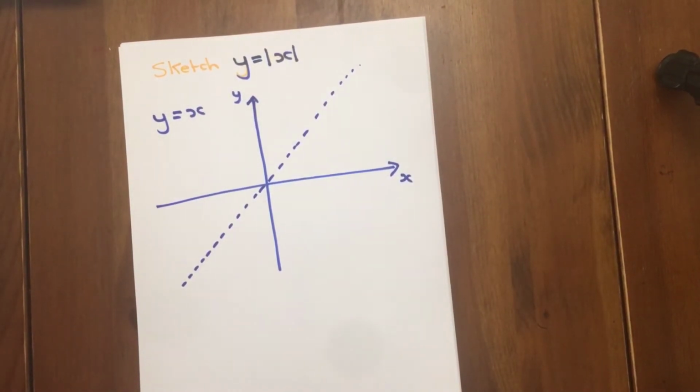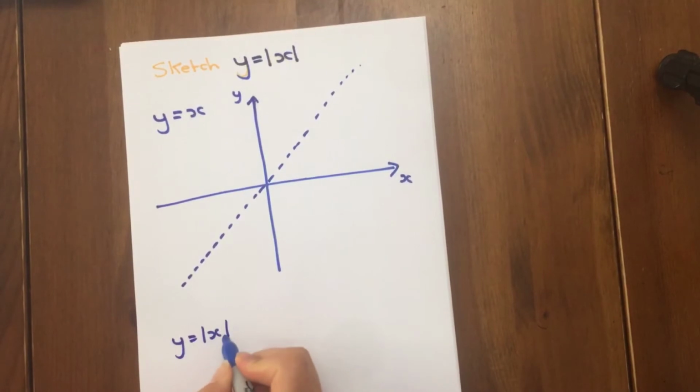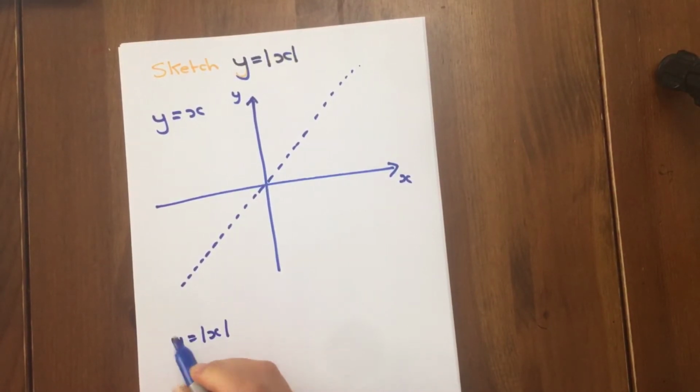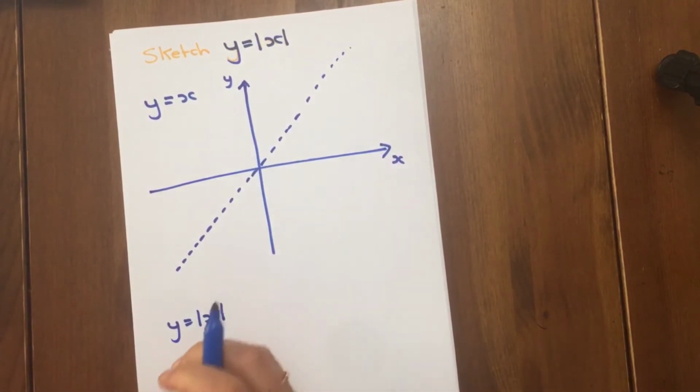Now, let's think about what happens when y equals the modulus of x. So, if y equals the modulus of x, that means that y takes the positive value of all the x values.